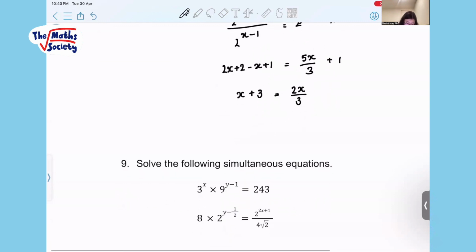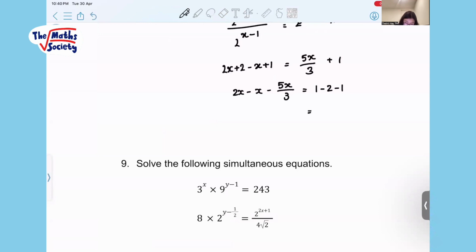So you have, oh wait, 5x. Let's do this way back. We'll just move x to one side, that will be easier. So it'll be 2x minus 5x by 3 equals 1 minus 2 minus 1. So you have 1 minus 1, 0.